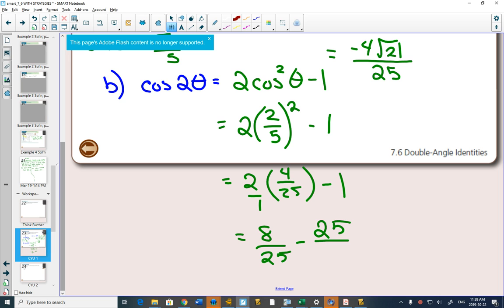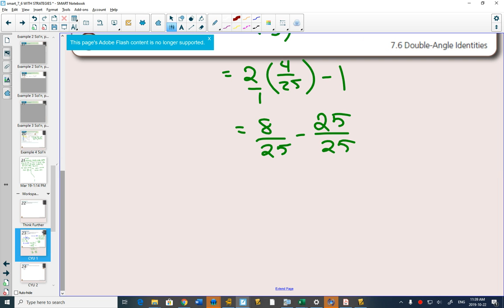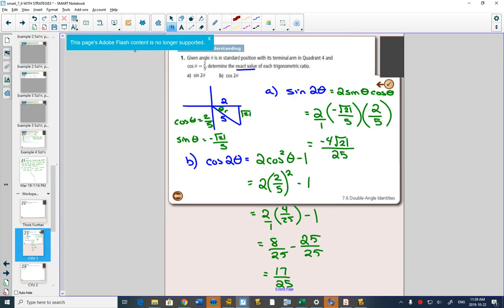We need a common denominator. And we get cos of 2 theta is equal to negative, thank you, 17 over 25. Perfect.